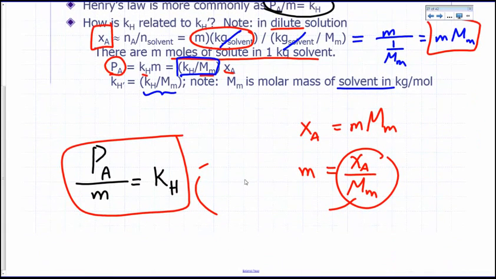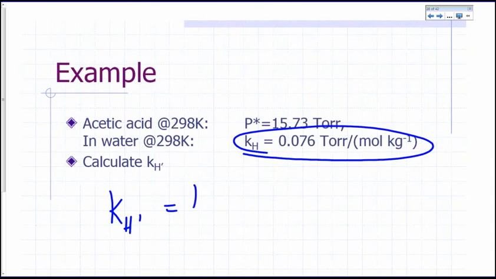It's just KH divided by molar mass. And if you don't remember whether to multiply or divide, you can always just check using dimensional analysis if your formula is correct, if your units are consistent.